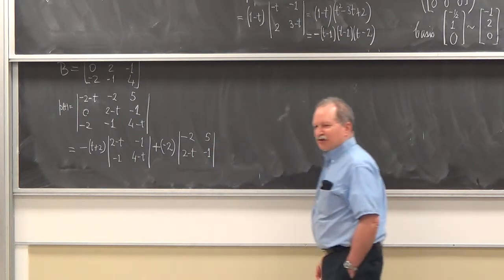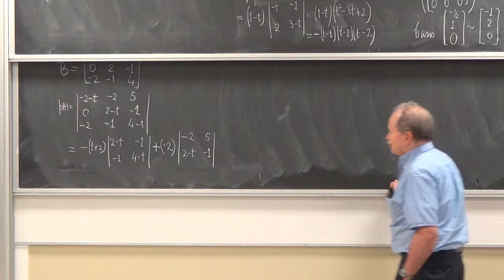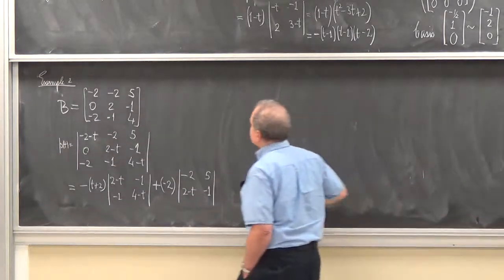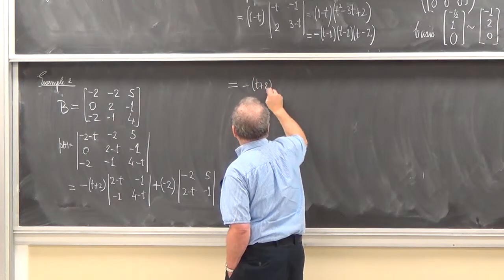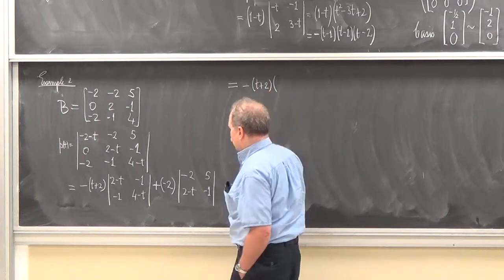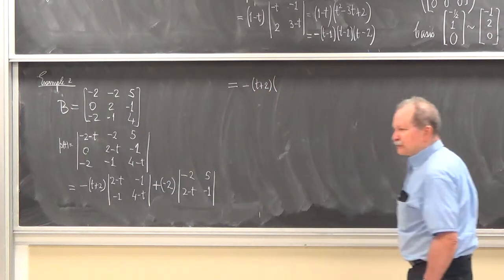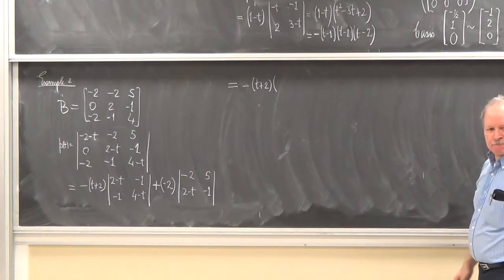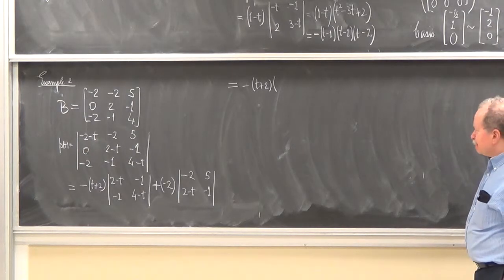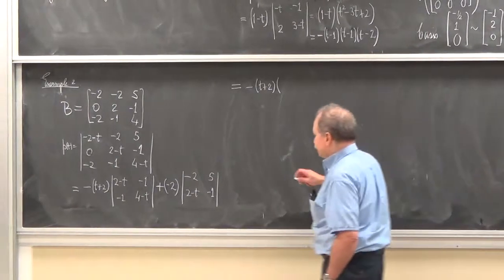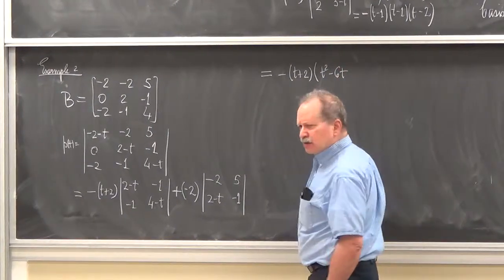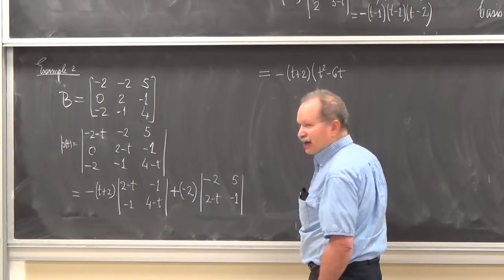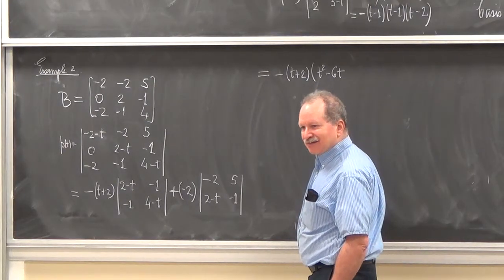All right, crank for me. What do I get here? You get t squared minus 16, no, plus 8 t, minus 1.